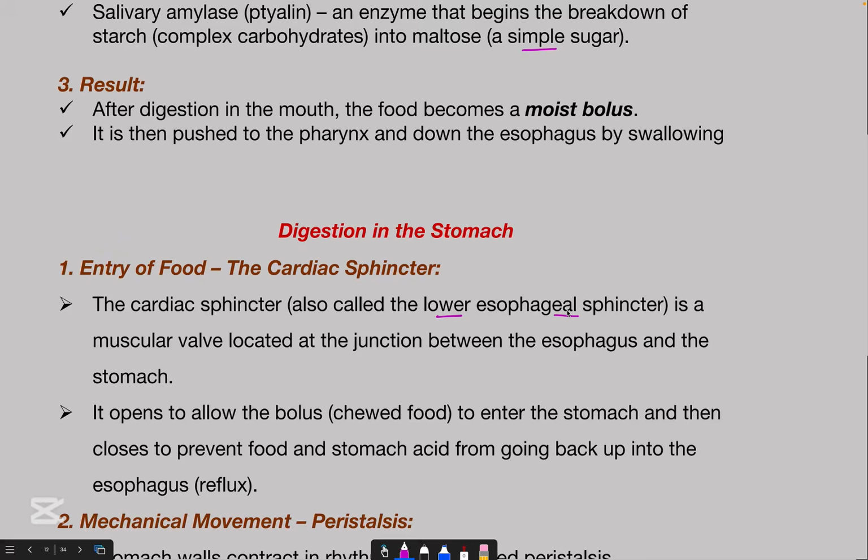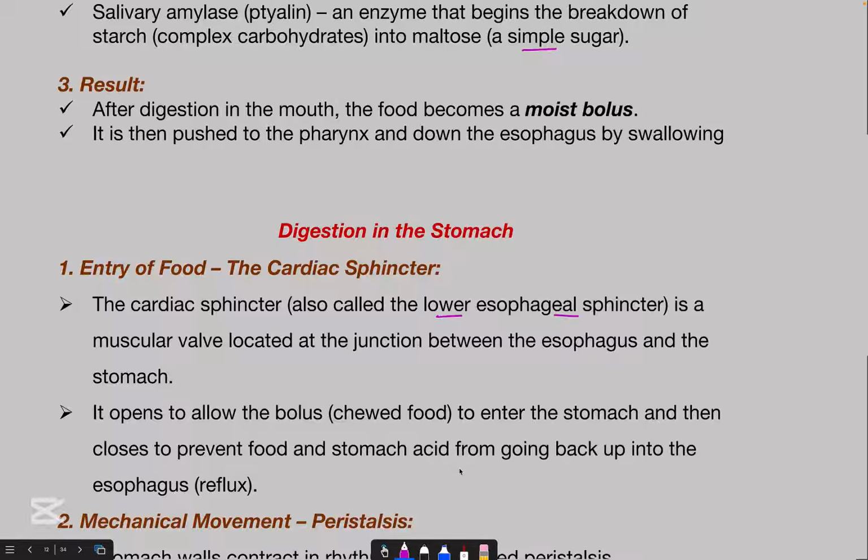Is that okay? It opens to allow the bolus to enter the stomach and then closes to prevent the stomach acid from going back up into the esophagus, like reflux.